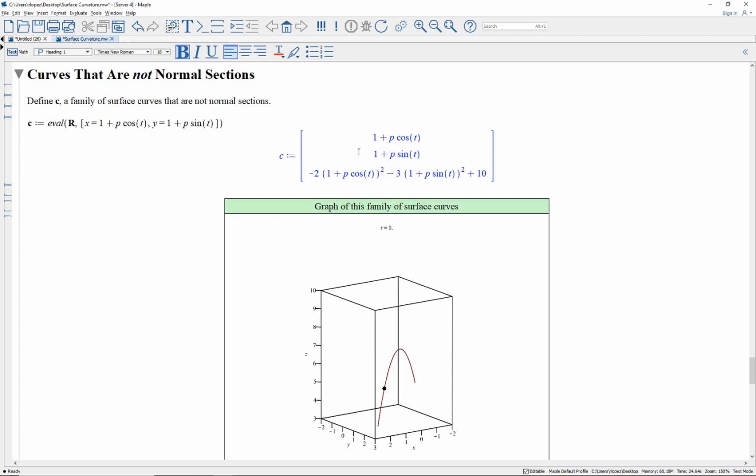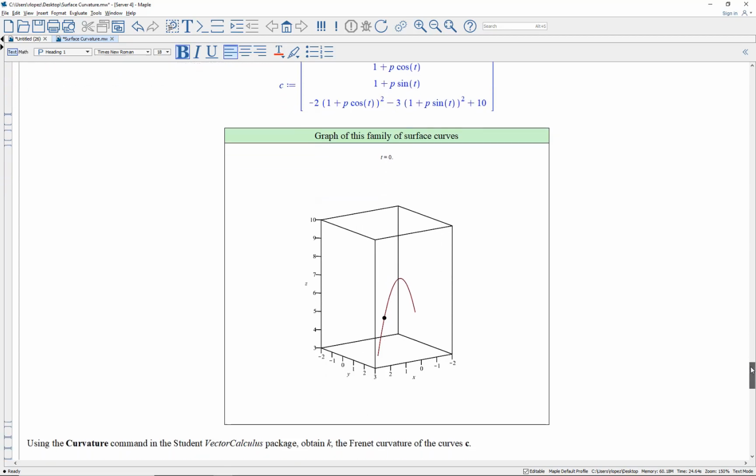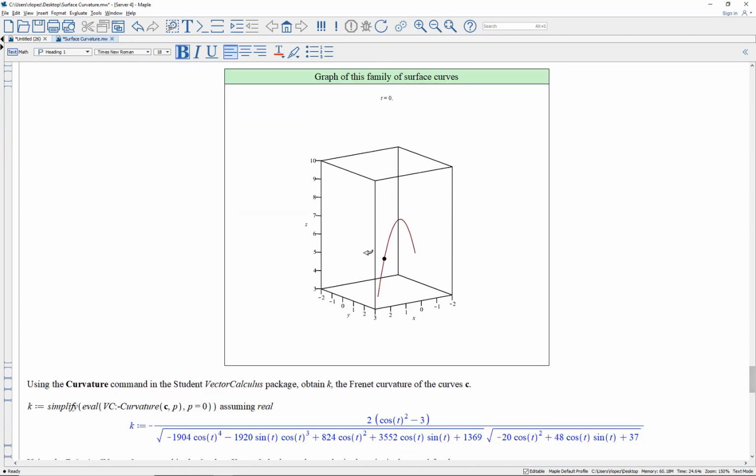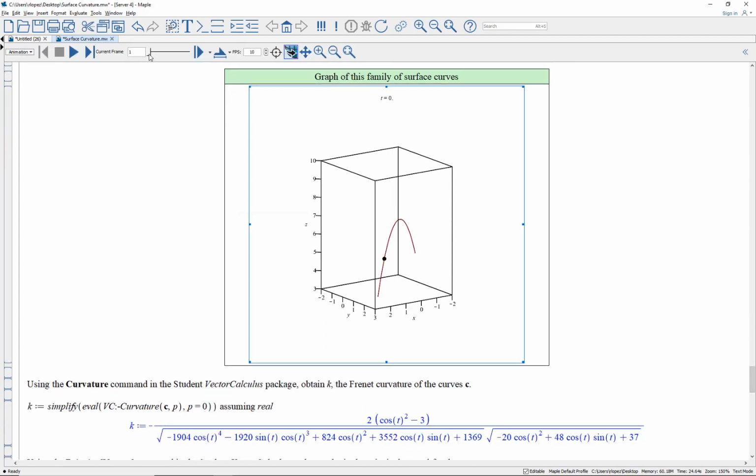So I have now, then I lift those lines up to the surface, and I get some curves in the surface. This is what the position vector representation of those curves would look like. And here I've drawn a graph.